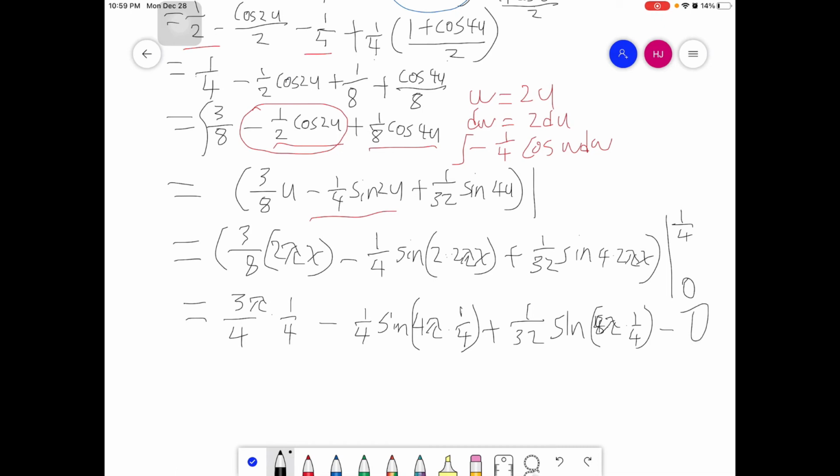If you plug in here, sine of 0, which is just 0, minus 0, plus sine of 0, and then minus 1/32 times also sine of 0. So we can just ignore those three terms.